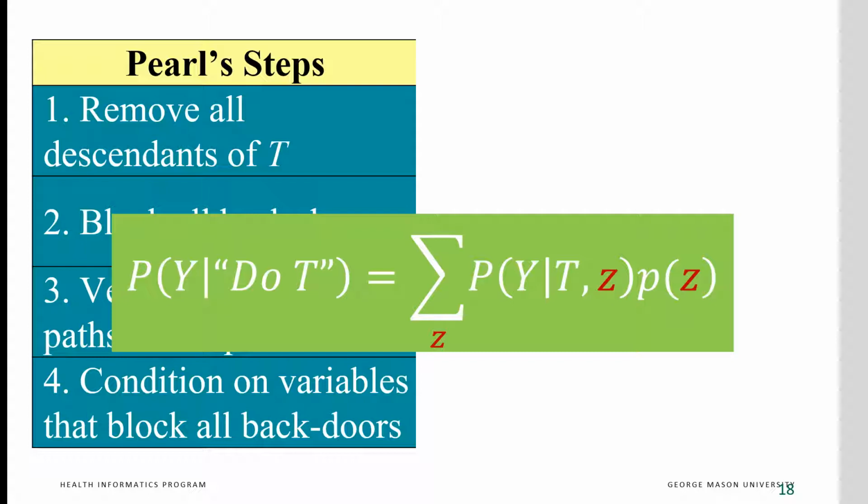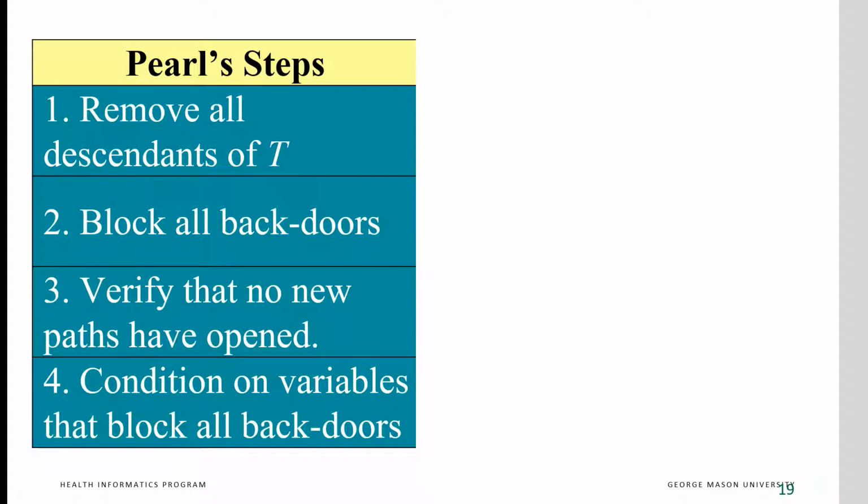The z variables in this equation are the variables that block all existing or new backdoor paths. The problem with Pearl's step is that in many situations we do not know or cannot know the network structure, and yet we want to estimate the causal impact of treatment on outcome.